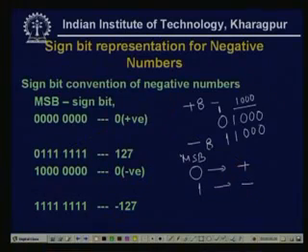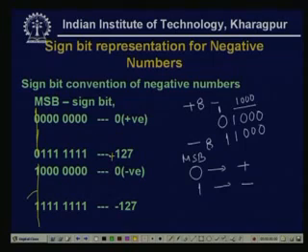So, if it is say an 8-bit number, the MSB, that means this number, is the sign bit, it represents the sign. See, here it is 0, so this is a positive number. Here it is 0, so this must be a positive number.